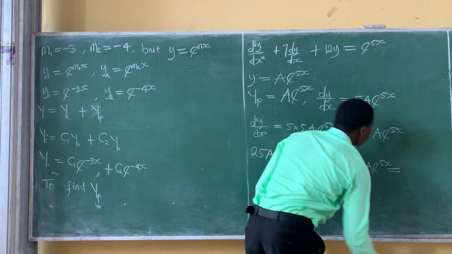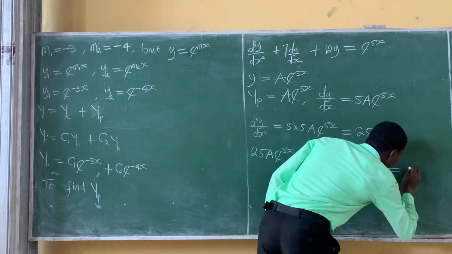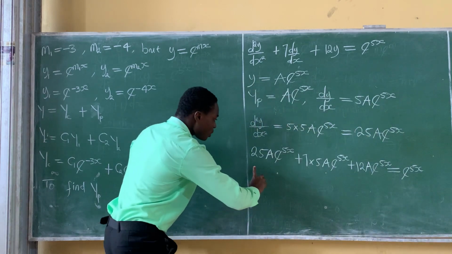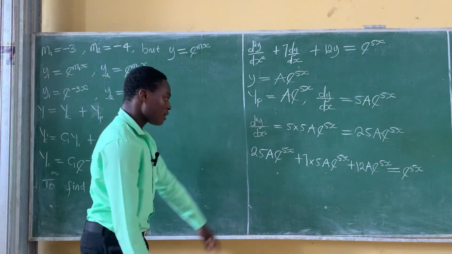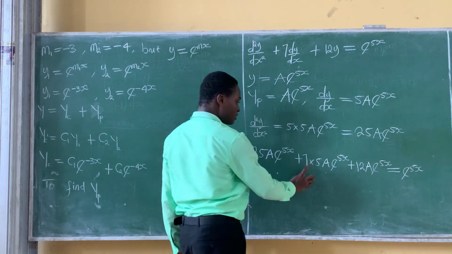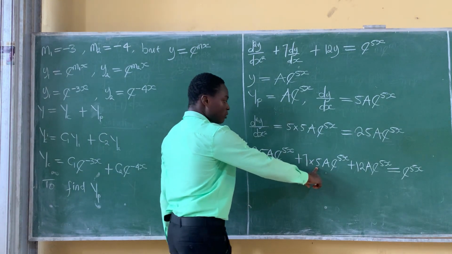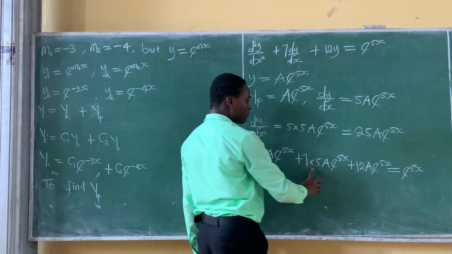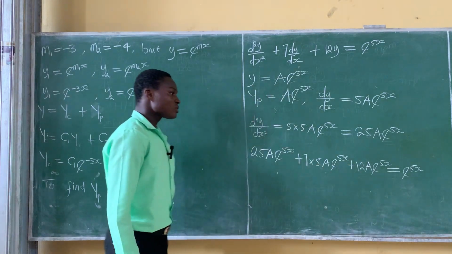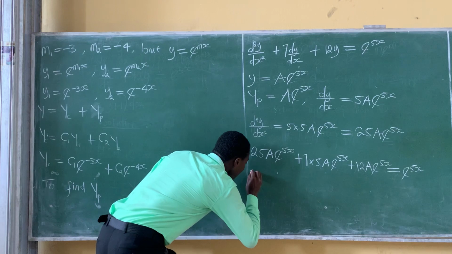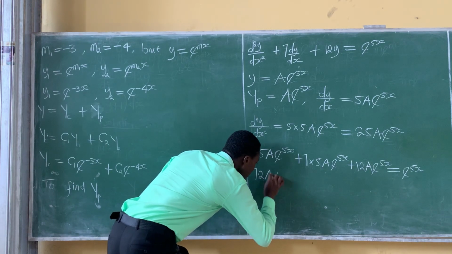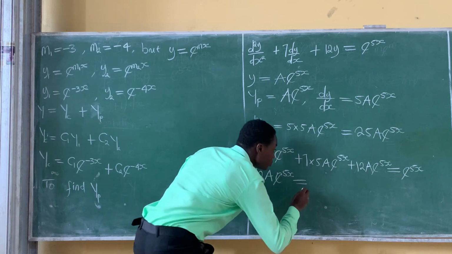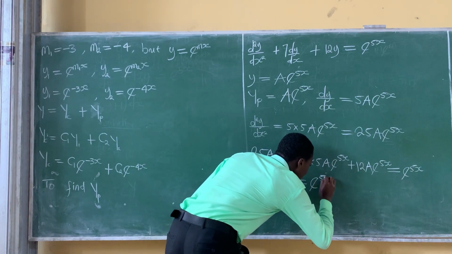And this is equal to the right hand side, we have exponential 5x. So if you observe, we have 25 here, 7 times 5 will give us 35, plus 12. So we have 25 plus 35 plus 12, and that should give us 72. So what we have here is 72a exponential 5x being equal to exponential 5x.